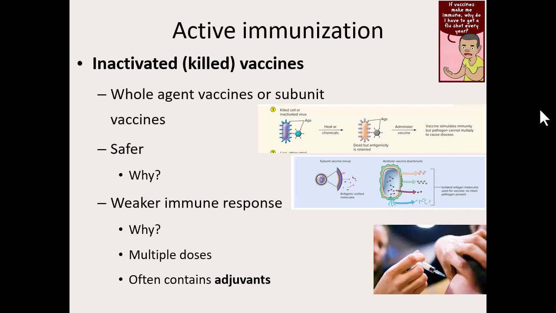As a lot of these vaccines have a weaker immune response, they usually have something added to them called an adjuvant. And an adjuvant triggers a stronger immune response. I liken an adjuvant to my coffee in the morning.